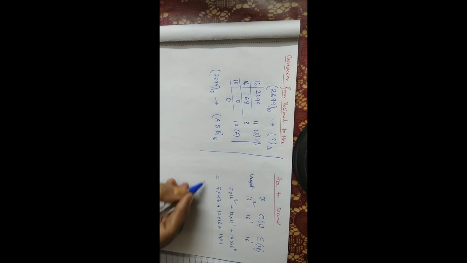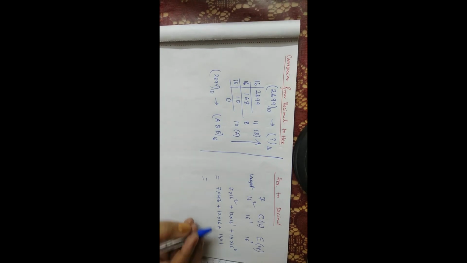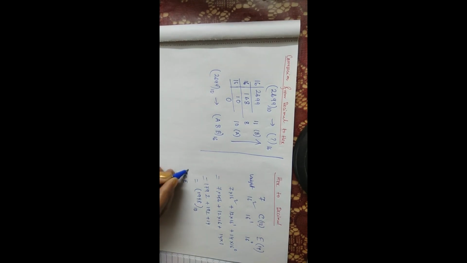Okay, so after calculating this value, ultimately this is 1792 plus 192 plus 14, so it will be 1998. Okay. So you can write here like this. So ultimately 7CE base 16, after conversion, if you want to convert from hex to decimal, we will get 1998 base 10. Okay.